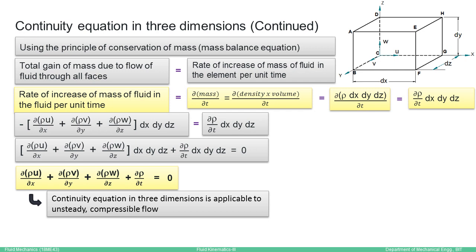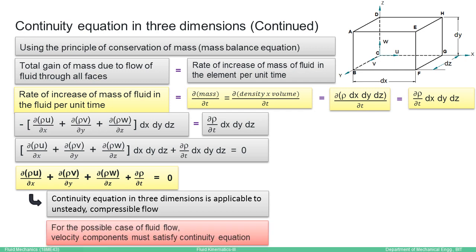For any flow field to be possible, given the variation of u, v and w as a function of x, y, z and t, the flow is possible only when the velocity components u, v and w satisfy this continuity equation.